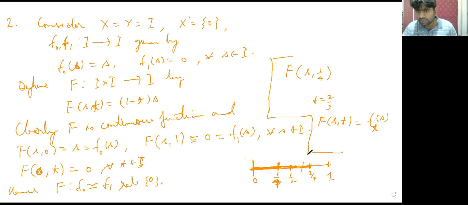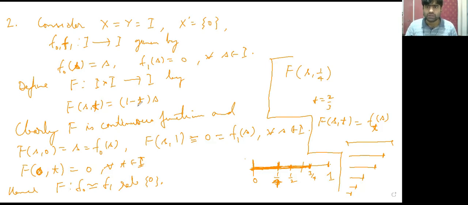So basically what these maps are doing: their initial range was this, then if you consider higher values of t, the ranges are getting smaller, right? So basically the map is getting deformed.